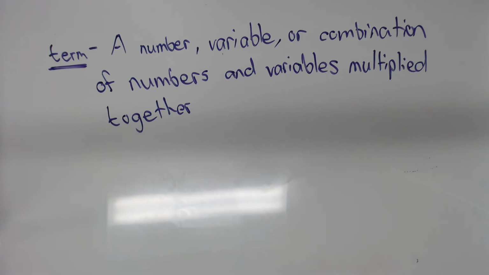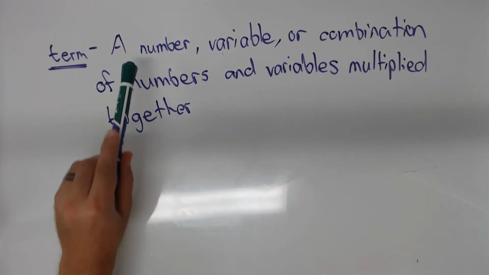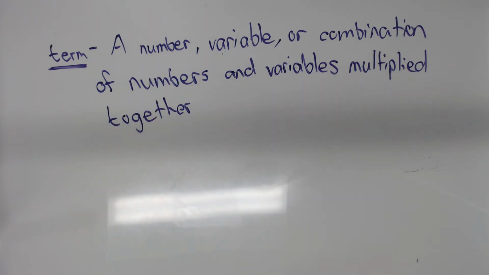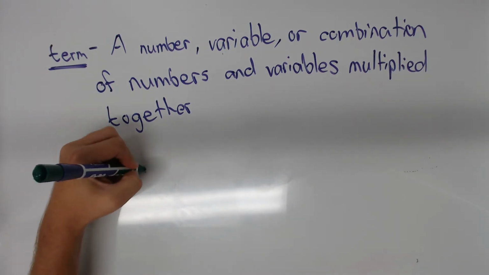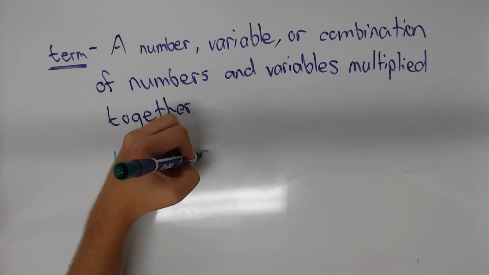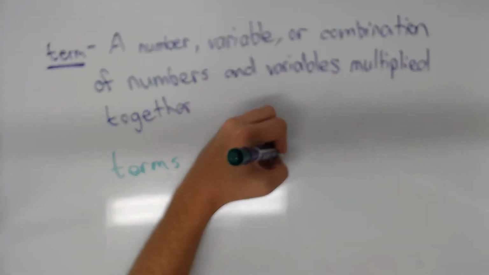All right, so a term, first thing we need to discuss, and hopefully this is a little bit of review, is a number, variable, or combination of numbers and variables multiplied together. So kind of the follow-up idea here is terms are separated by addition and subtraction.